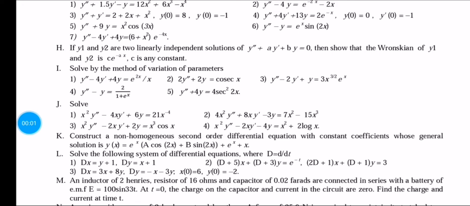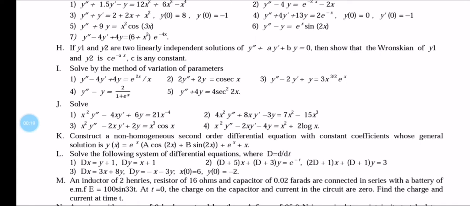So in this lecture we have learned when the variation of parameter method is applicable, in which kind of equation, what is the procedure of this method, and how to solve some differential equations by using the variation of parameter method.